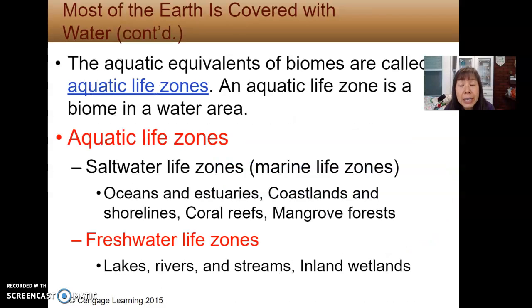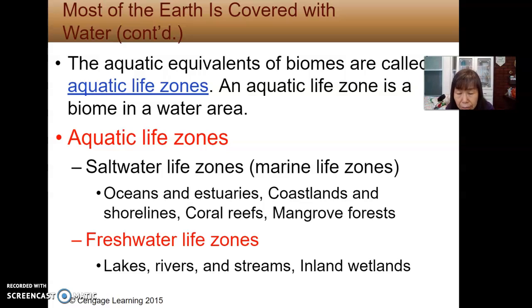And then the aquatic equivalents of biomes are called aquatic life zones. An aquatic life zone is a biome in a water area in the hydrosphere. Okay. So aquatic life zones, you can divide into two. One is saltwater life zones, like marine life zones.